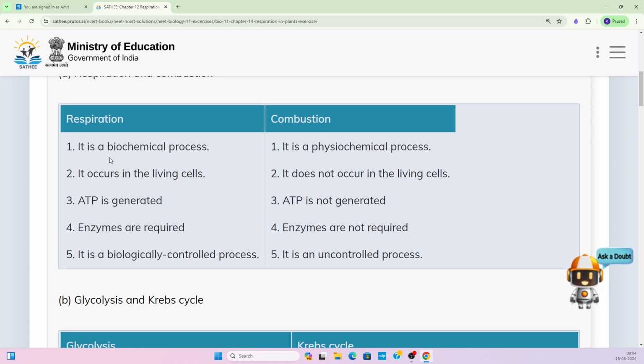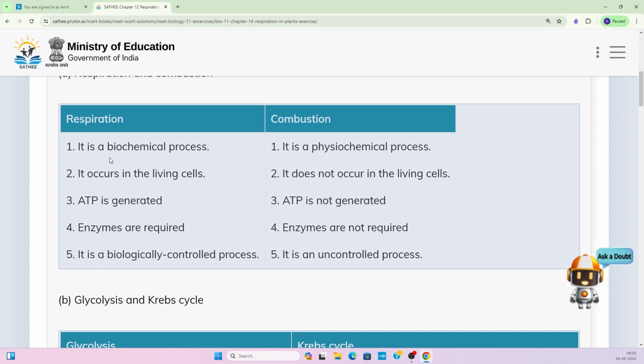This whole process occurs inside living cells only, whereas combustion does not occur in living cells. The living cell is not responsible for the combustion process.